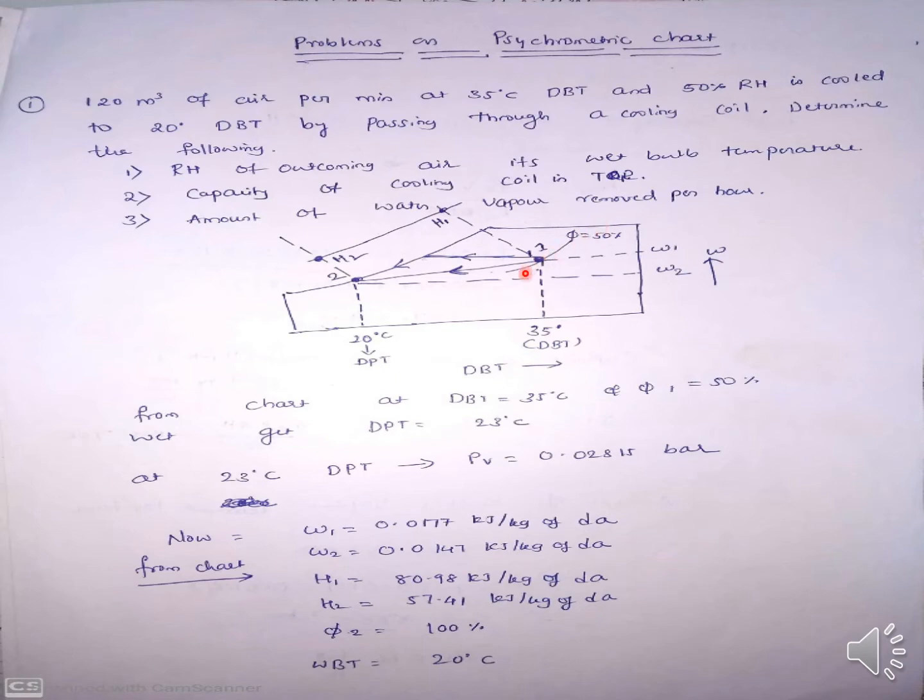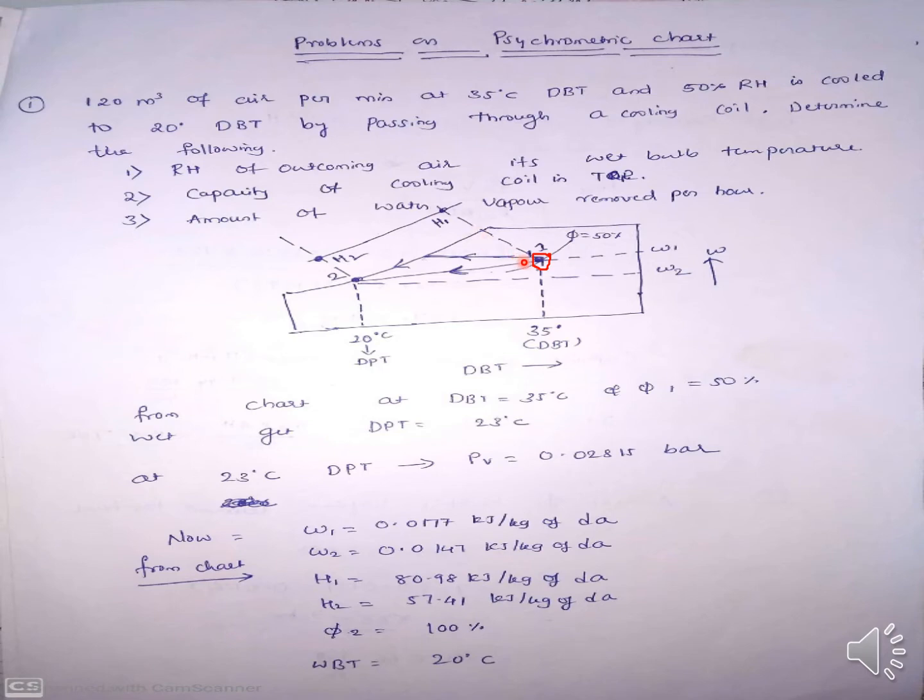Where 50% relative humidity and 35 degree DBT intersect, this point means the condition is 35 degree DBT and 50% RH. So this is the initial condition given to us.